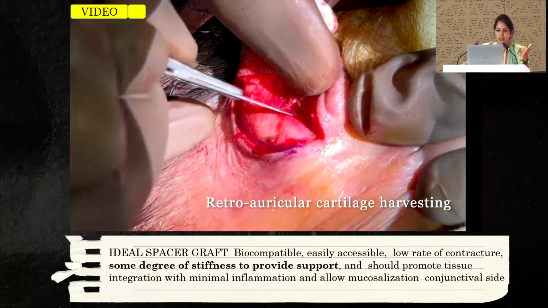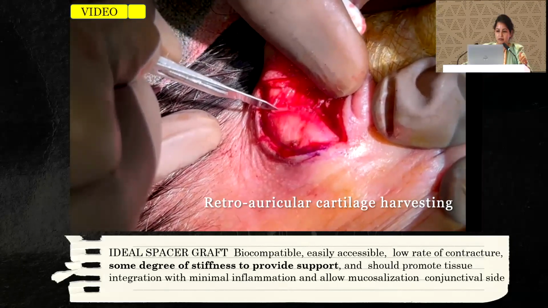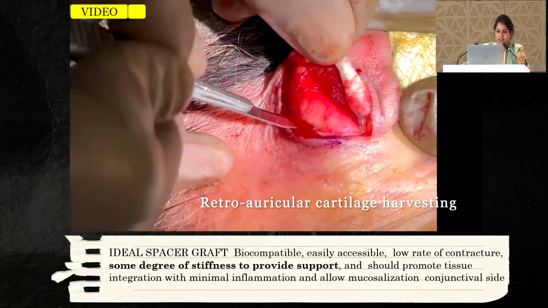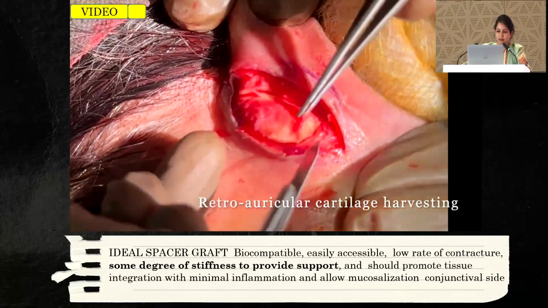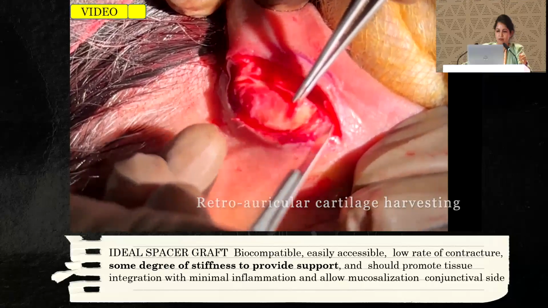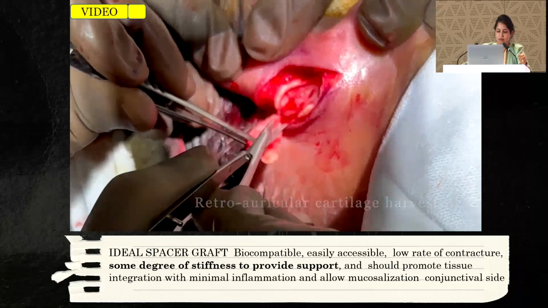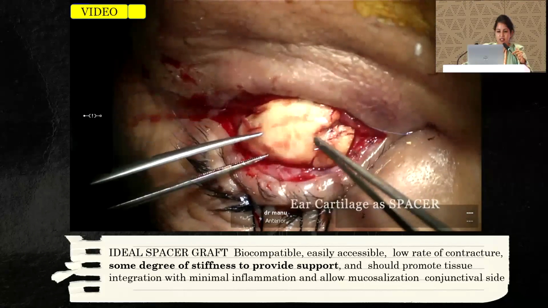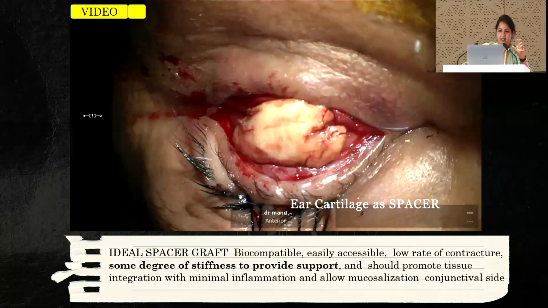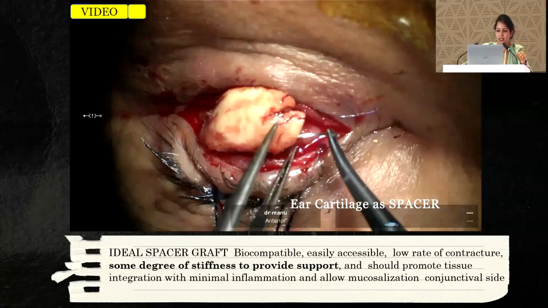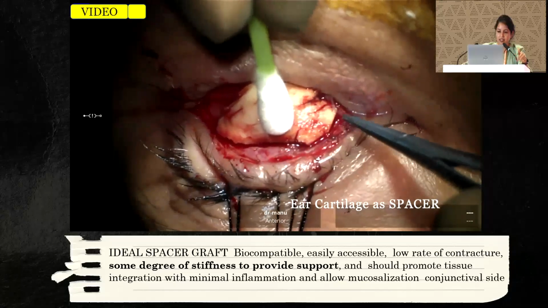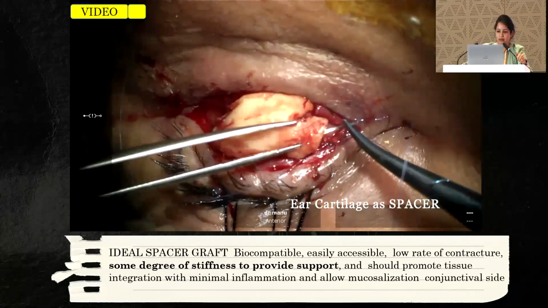I am skipping this because it has already been described by Neelam ma'am. Precise and gentle dissection. Full thickness cartilage is harvested and meshing is done to facilitate contouring and follow the curvature of the eyeball and eyelid. 360 degrees, it is secured using 6-0 Vicryl.